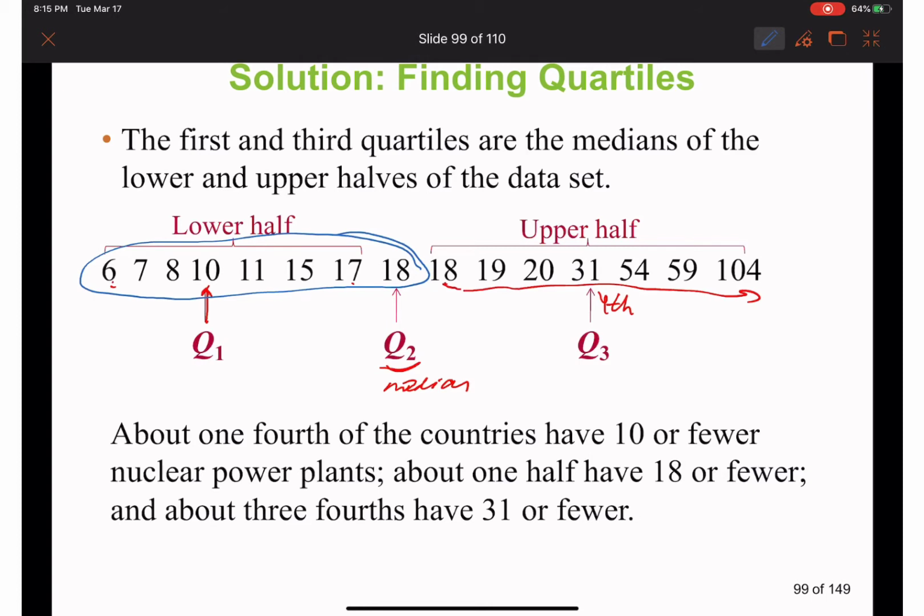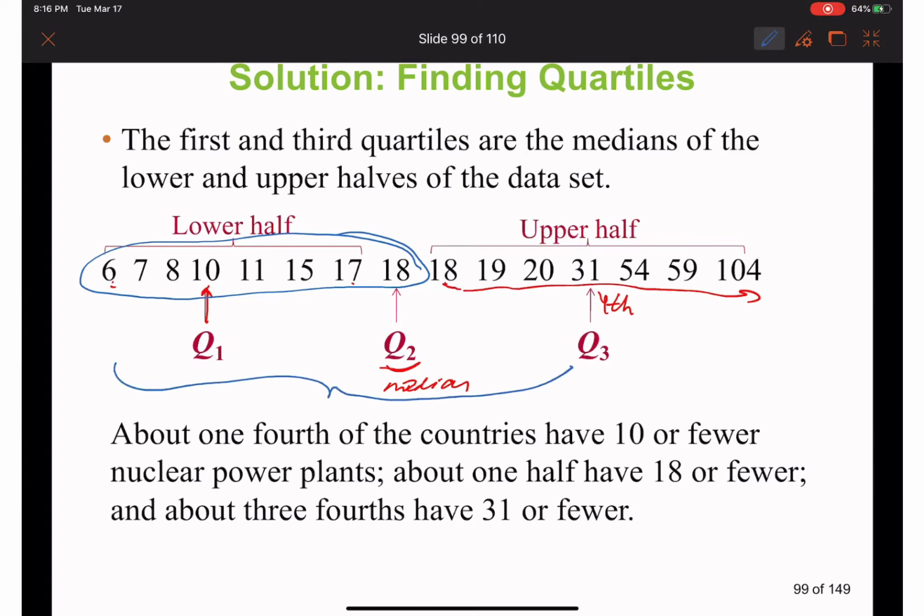And Q3 has 31 or fewer, which provides you 75%, correct?